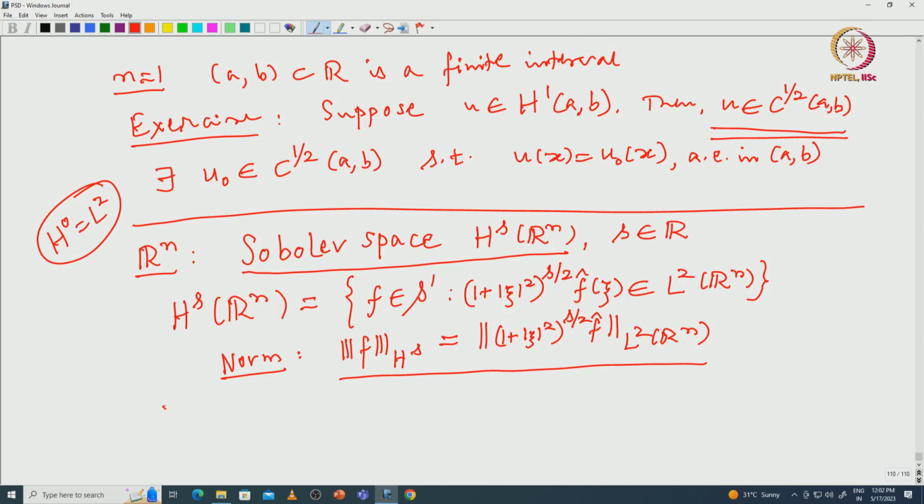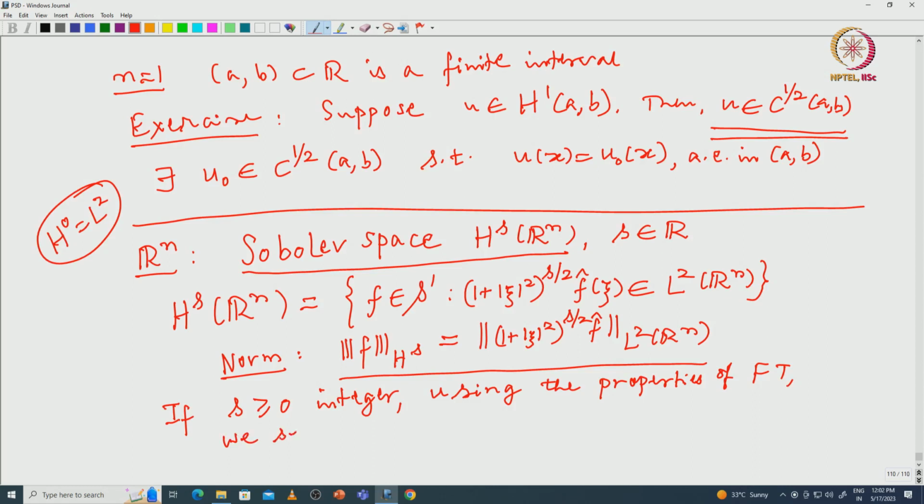If s is a non-negative integer, using the properties of the Fourier transform, we see that this definition coincides with the earlier one.